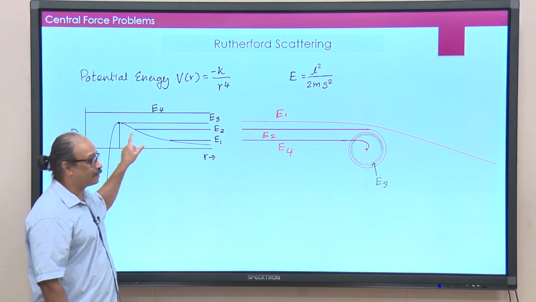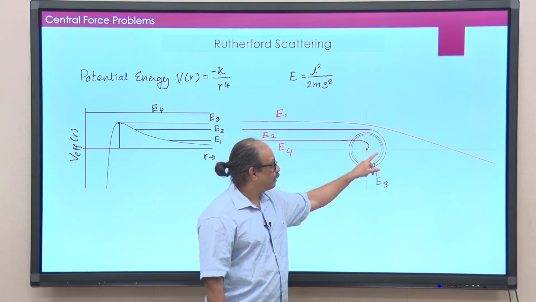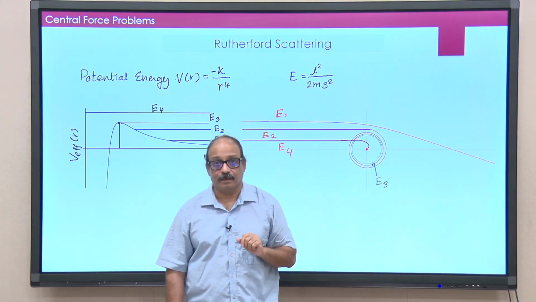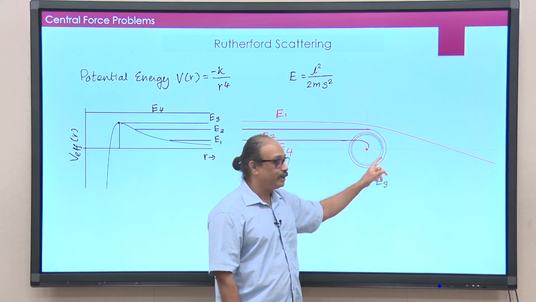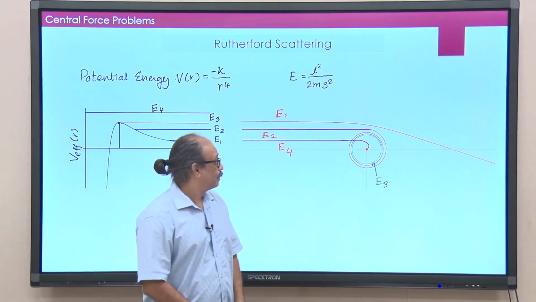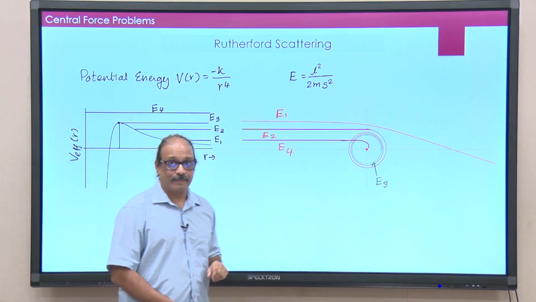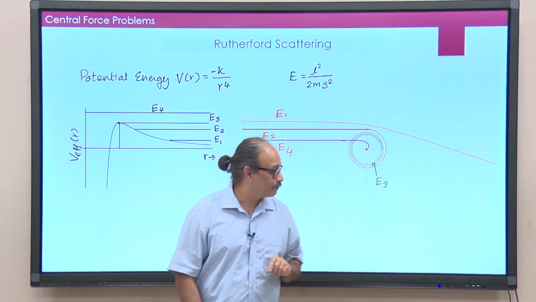This has a turning point, this one eventually will go out. So, it will spiral in and after some time it will spiral out again. It is difficult to calculate that angle of ejection, but if you can imagine the trajectory, that is very simple to imagine. Remember, there is a turning point, it is the same as E1, it comes close to the closest point and then goes off.